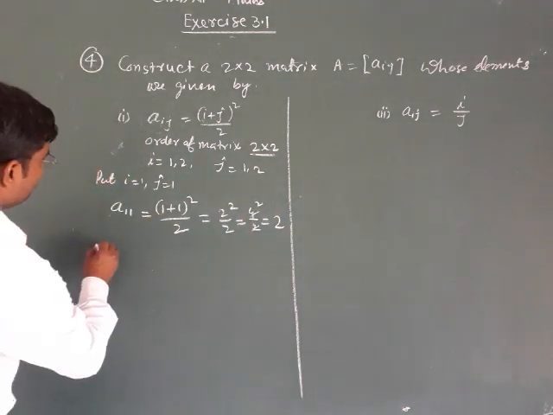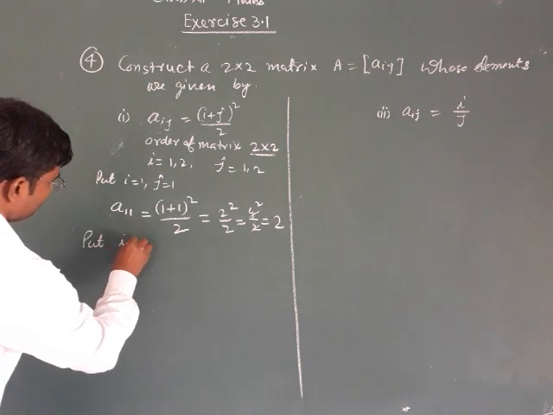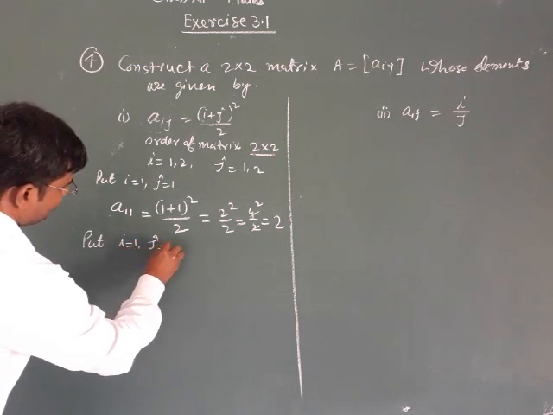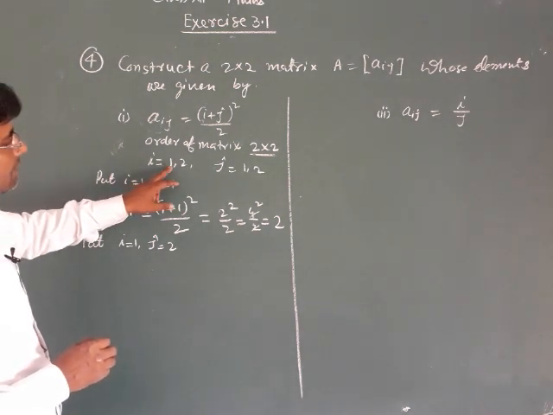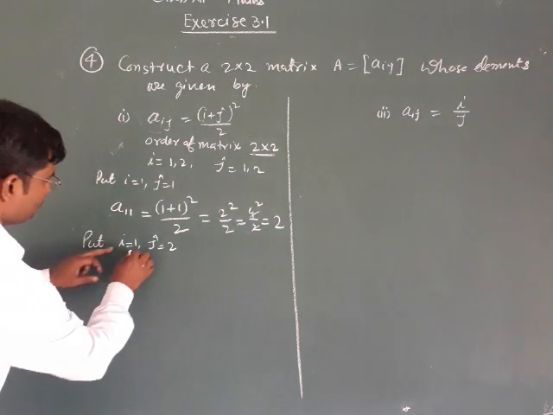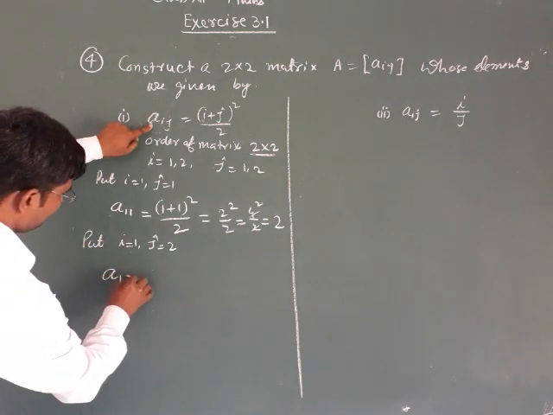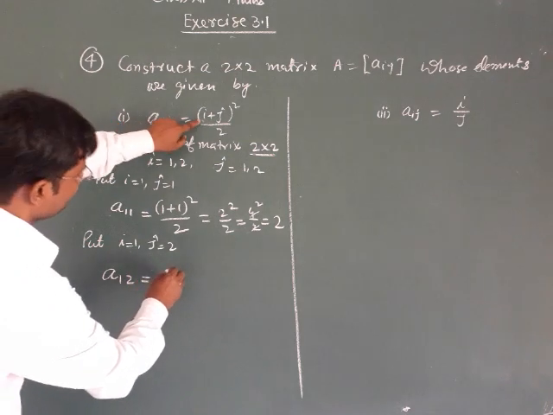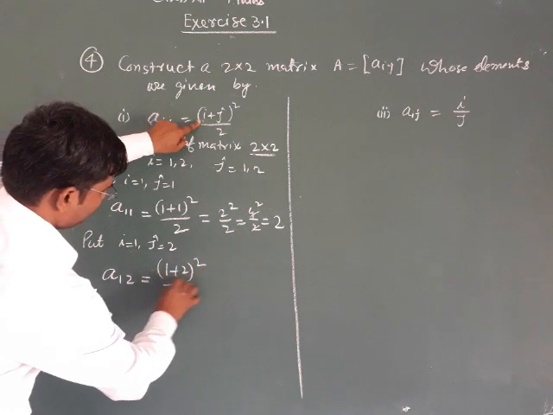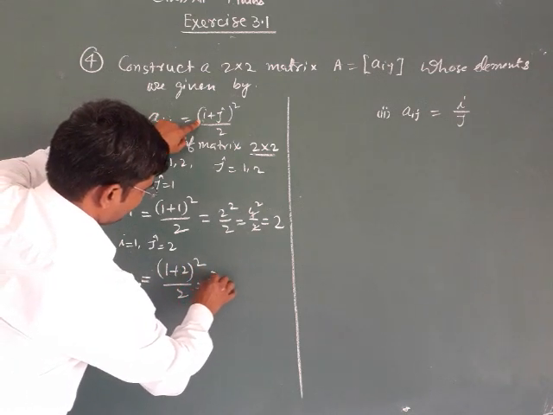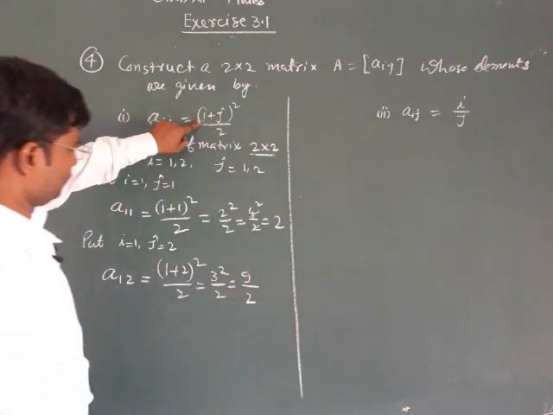And also put i is equal to 1 and j is equal to 2. We take i = 1 and j = 2. So now a12 is equal to (1 plus 2) whole square upon 2, which is equal to 3 square upon 2, which is equal to 9 upon 2.